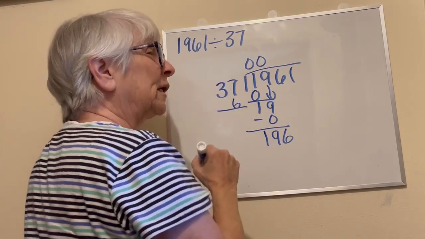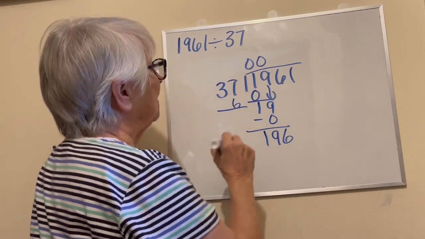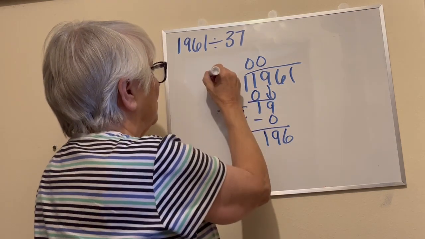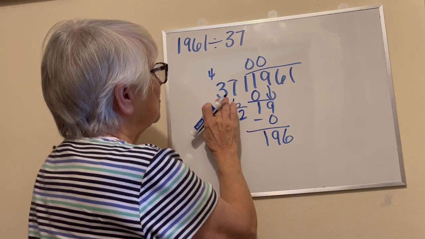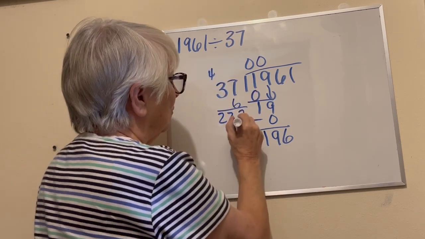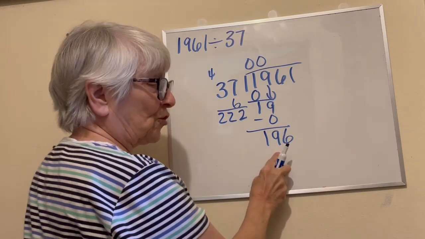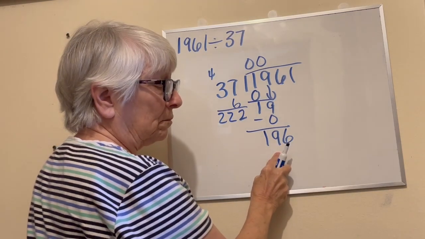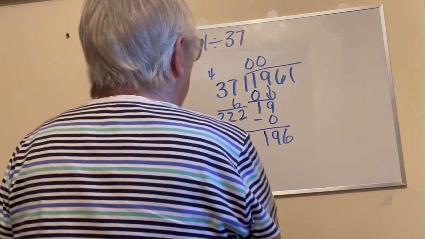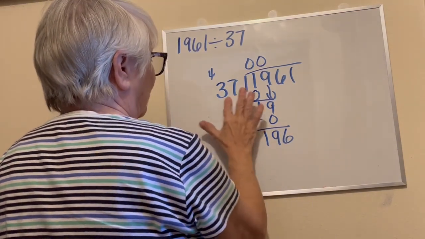But this number is really closer to 40. So let's see if it works. 6 times 7 is 42, carry the 4. And 6 times 3 is 18, 19, 22, 222. Look, 222 is larger than this, so that won't work. This number has to be smaller than this. So I think I'll try 5.